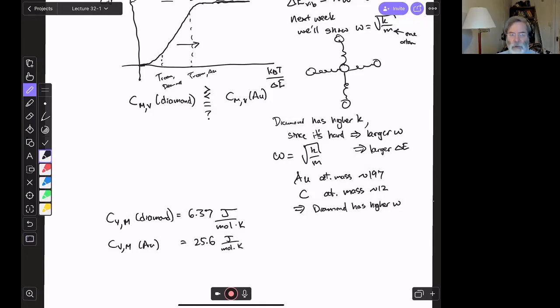So in accord with our prediction, at room temperature the vibrational modes of diamond are more frozen out, so its heat capacity is lower.